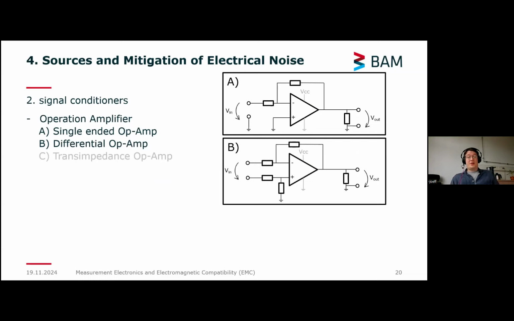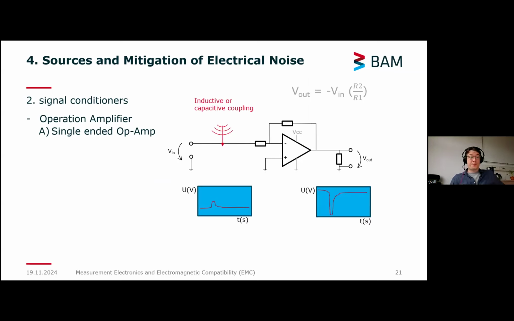Also, that's why I included the operational amplifiers. In detail, I want to talk about the single-ended and differential operational amplifier, and I'm trying to show you methods to raise the signal to noise ratio.